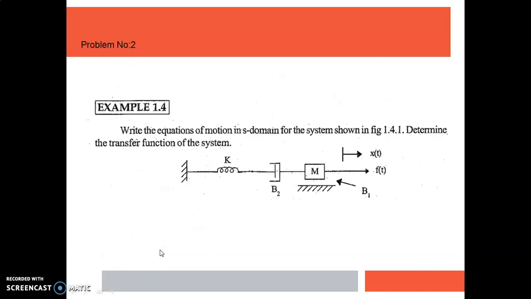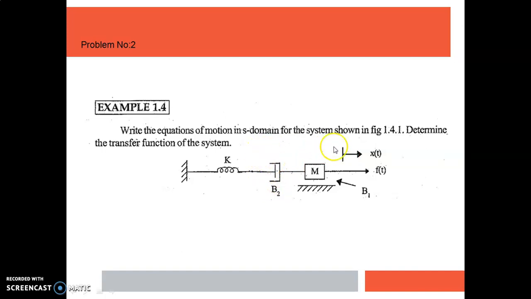So listen, you better redraw this figure with M equal to 0 here. In that case you can identify that this B2 is connected between two mass bodies, so there is displacement at both ends of this dashpot. Here it is x1 and here it is x, isn't it? This dashpot has displacement at both ends.